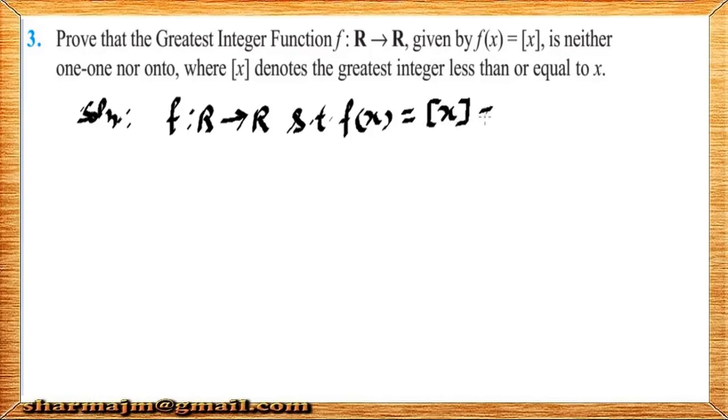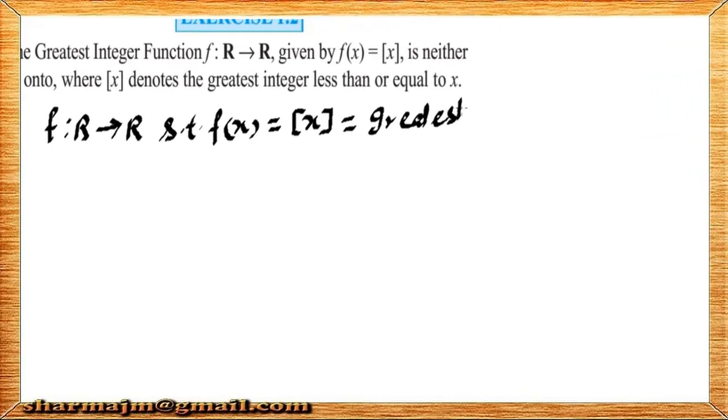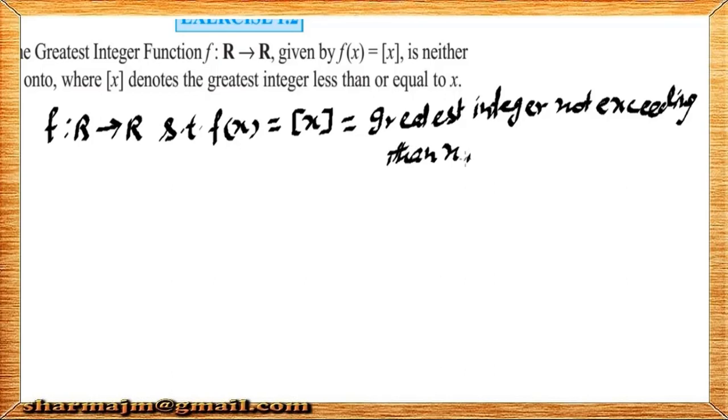We use these rectangular brackets and x is a real number, so the meaning of this greatest integer function is you can write greatest integer not exceeding x. Now he is asking to check this for 1 1 function and onto function.